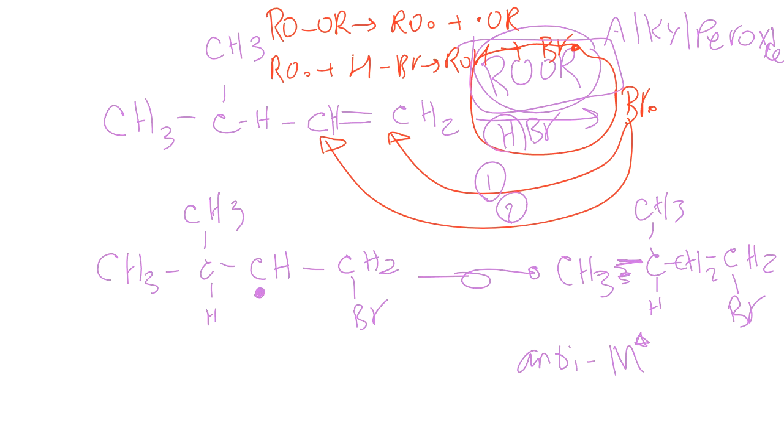What is anti-Markovnikov? Hydrogen will add to the carbon with the least number of hydrogens. Br will add to the carbon with the greater number of hydrogens. So you get the anti-Markovnikov addition.